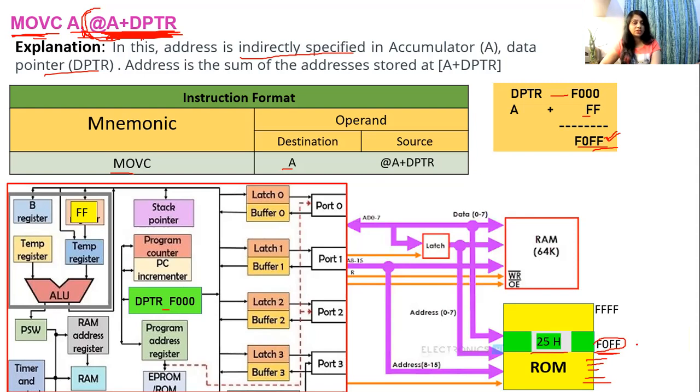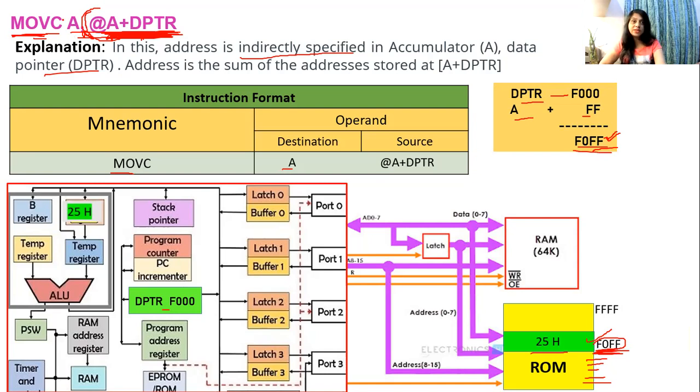So this instruction will transfer this 25 to the accumulator. This instruction transfers the content of the memory location, whose address is the sum of DPTR and accumulator content, to the accumulator.